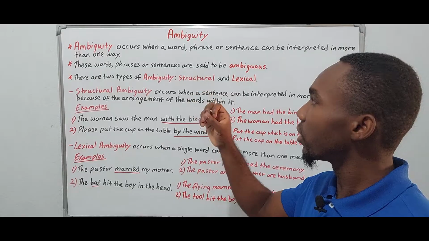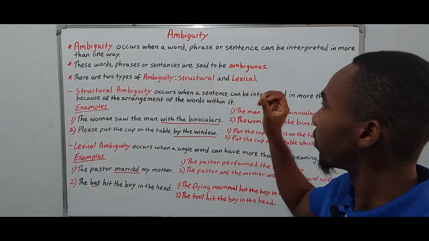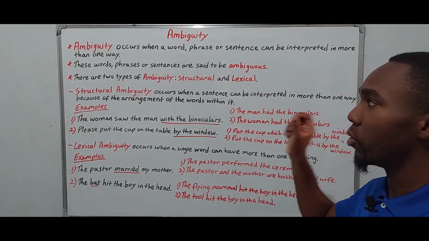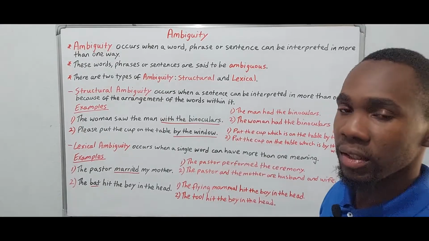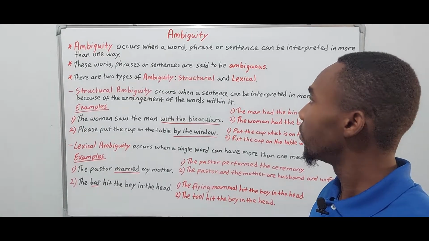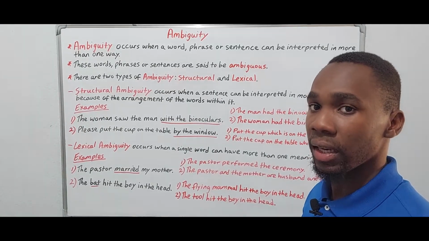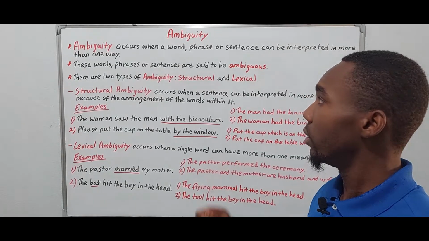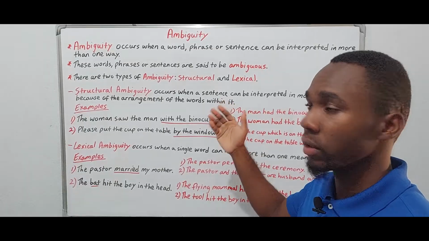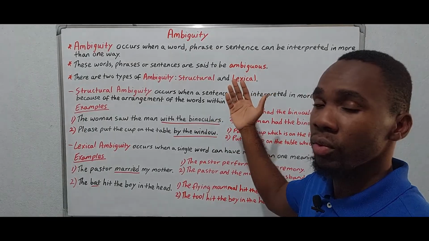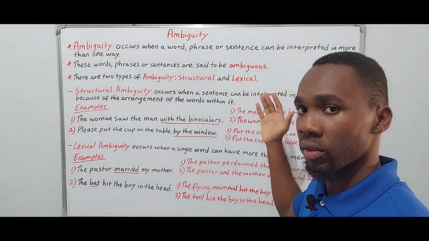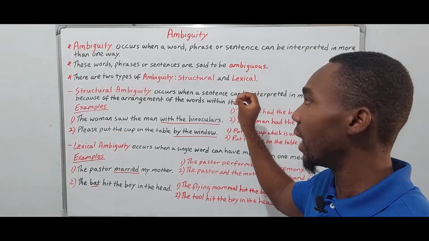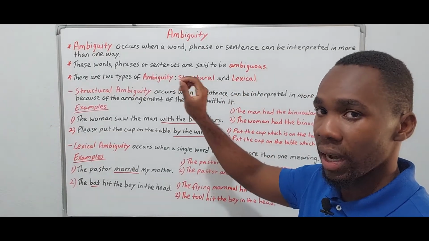Ambiguity occurs when a word, phrase, or sentence can be interpreted in more than one way. So basically, when a word, phrase, or sentence can have more than one meaning, okay? And as I would have said earlier, these will be ambiguous. So this is the adjective that emerges from the noun ambiguity.